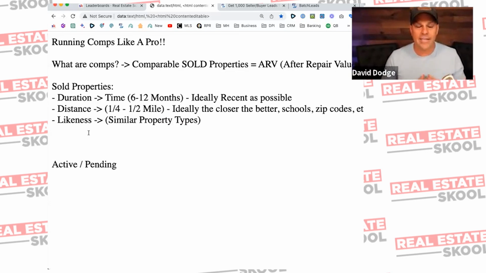So we're going to try to keep the number of bedrooms, the number of bathrooms, and the square footage as close as possible. So beds, baths, and square footage of the property are going to be very important.